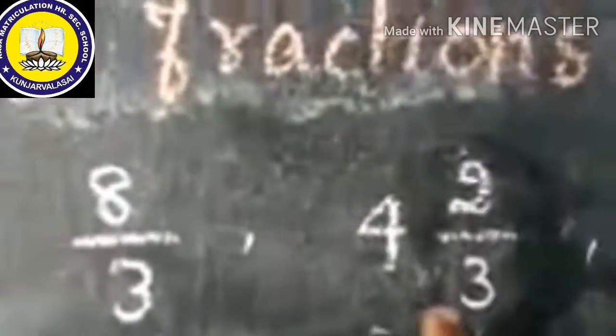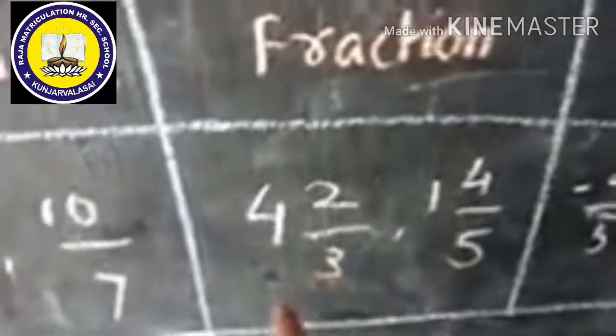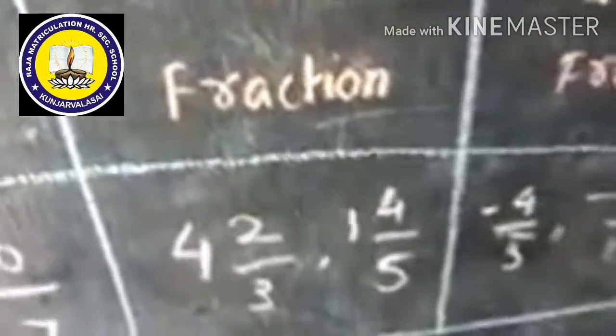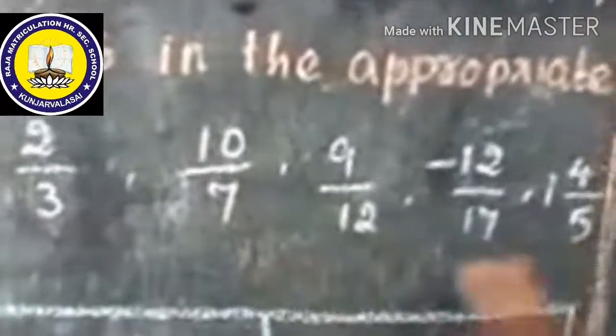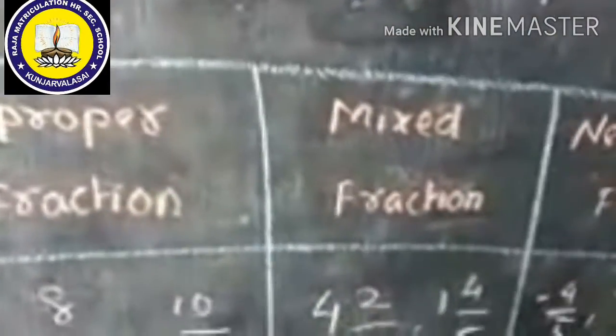A mixed fraction is combined with a whole number and a proper fraction. So 4 2 by 3 is a mixed fraction, and I put it in the mixed fraction column. So you put the fractions in the respective columns. These are the definitions of fractions.